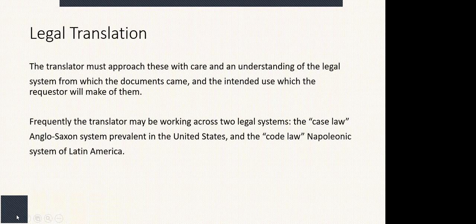Frequently, the translator may be working across two legal systems: case law, that's the Anglo-Saxon counterpart, and code law, the Napoleonic system of Latin America. So let's bear in mind this: case law is based on antecedents, right? All decisions and rulings are made based on what was ruled before.